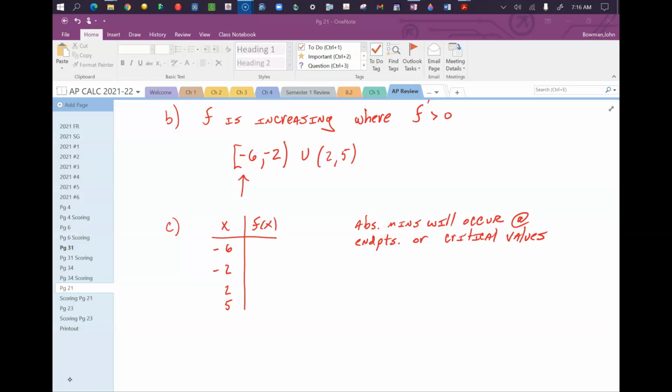So from part A, we already know f of -6 is 3. If you made a mistake on part A, they're not going to ding you twice on this. They'll just carry that through. We also know that f of 5 is 10 minus 2 pi, or -2 pi plus 10. And they told us that f of -2 is 7. So the only other one we have to figure out is f of 2.